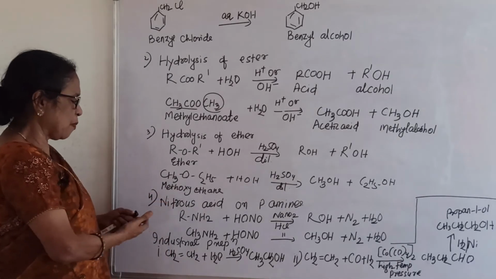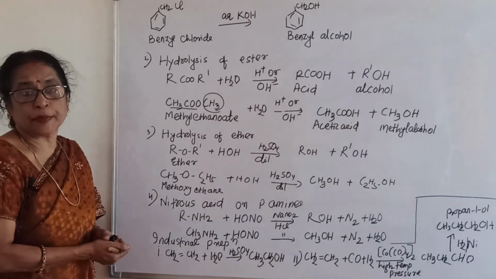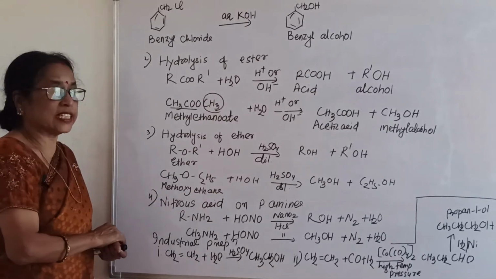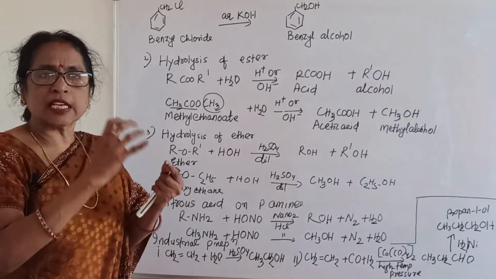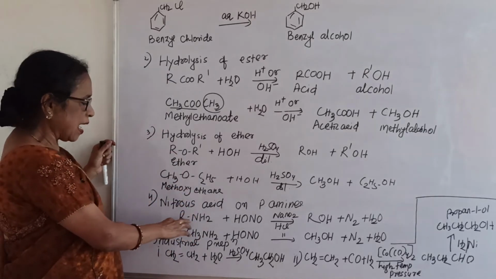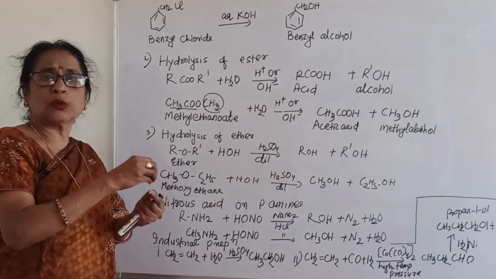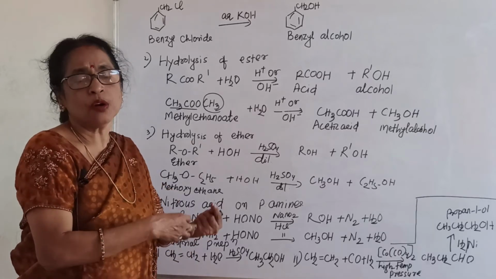Then last, very important, that is important for the distinction between primary, secondary amine. Now nitrous acid on amine. Which amine? Primary amine. Nitrous acid, how it will react with primary amine. Now RNH2, that is primary amine, RNH2 primary, R2NH secondary, R3N tertiary, but we require now primary.